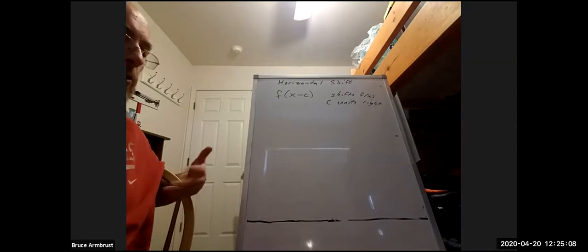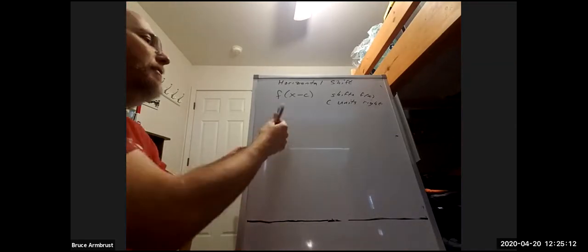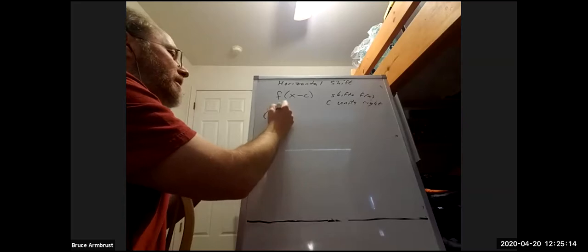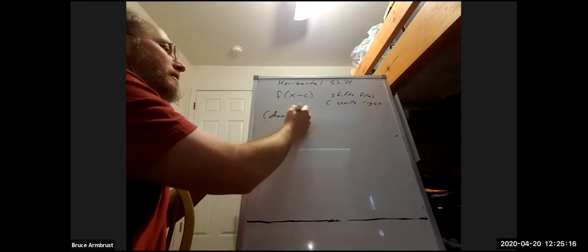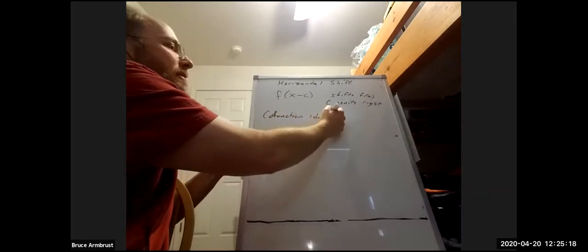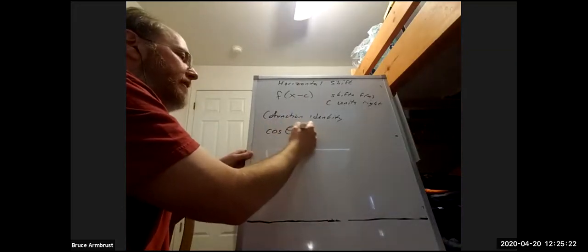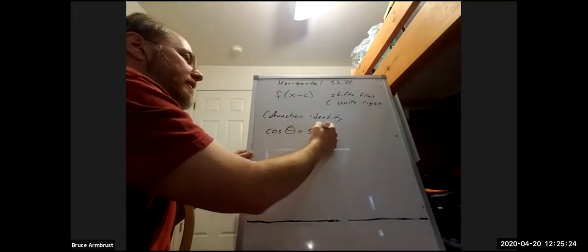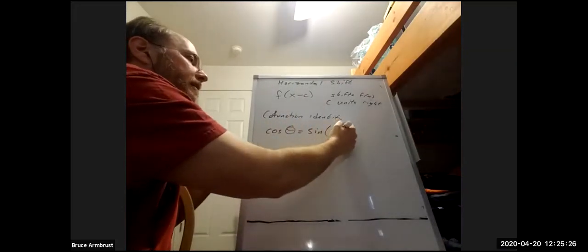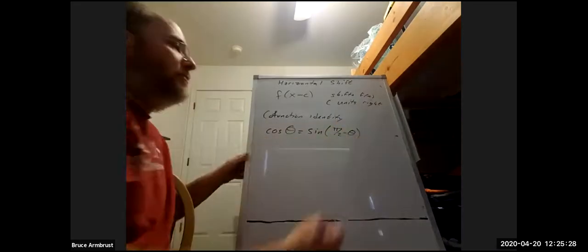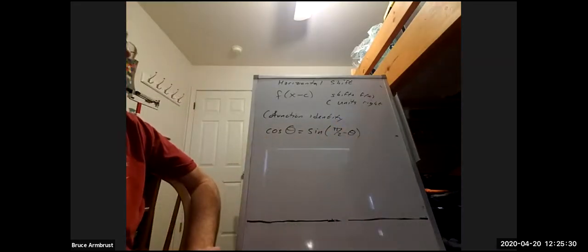Now I want to show you why sine and cosine have to be shifted horizontally. I want to go back to the co-function identities. For example, the cosine of theta, we saw that this was the same as the sine of pi over 2 minus theta.